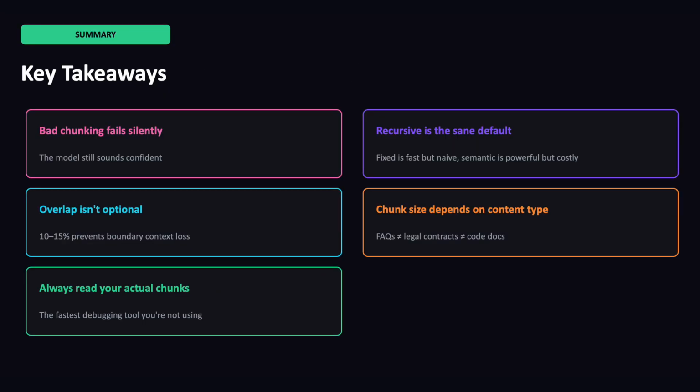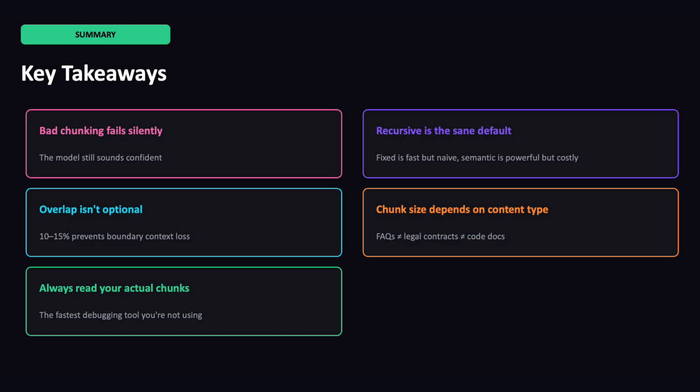Now, key takeaways. If you remember nothing else, bad cutting creates confident sounding wrong answers, not obvious errors. The sensible scissor method, which we are calling recursive, is a safe default for almost anything.